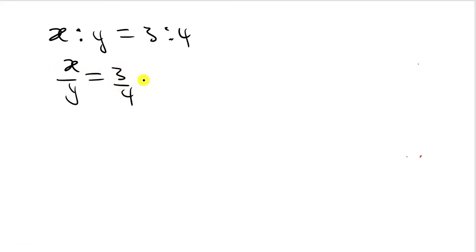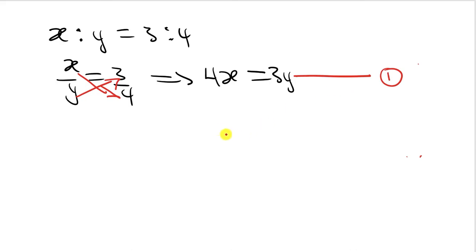We can do cross multiplication here. So this implies that x is going to multiply the 4 and y is going to multiply the 3. And this is going to give us 4x being equal to 3y. So this becomes our first equation. So equation 1.